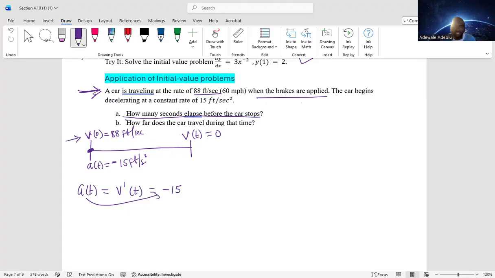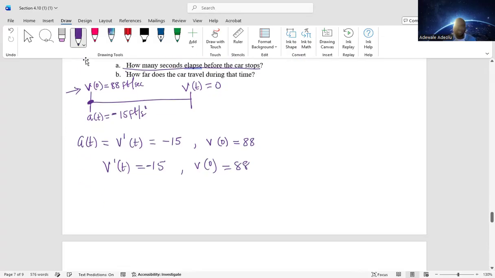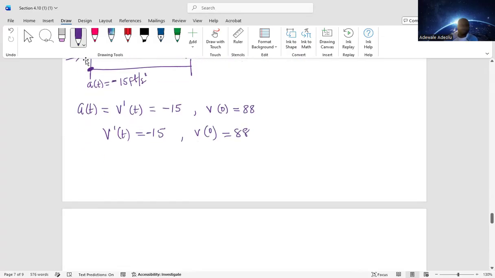I can form an initial value problem because I know that at 0, the velocity is 88. So if I write out my initial value problem, I have v prime of t equals negative 15, and when t is 0, v is 88. And guys, I have an initial value problem.